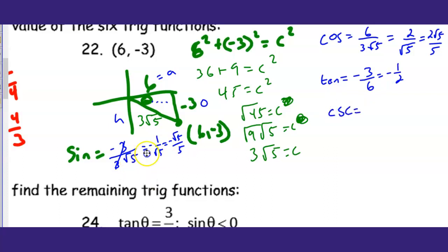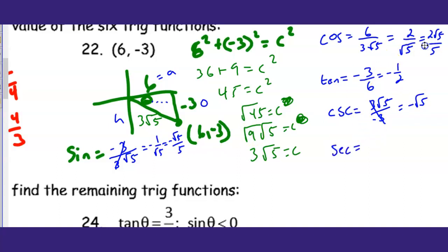Cosecant is the inverse of this. Alright, so hypotenuse over opposite, which you see that cancels, so it's just negative radical 5. Alright, or you could have took this one right here, see that? Flip it, it'll be negative radical 5 over 1, which is negative radical 5.